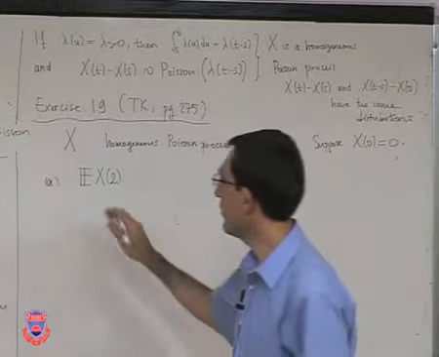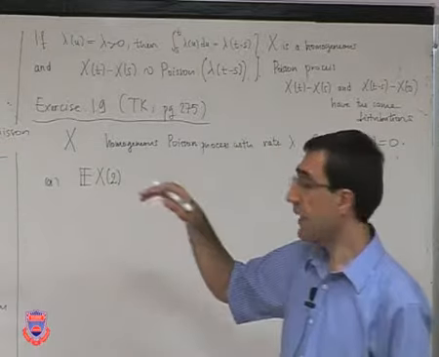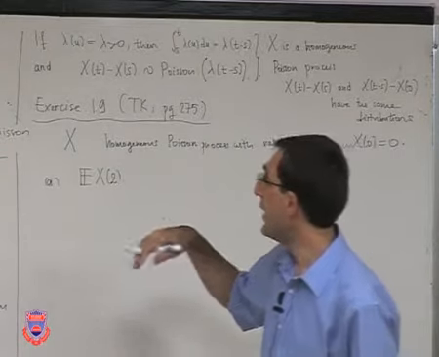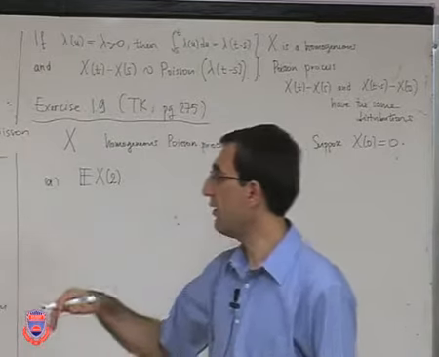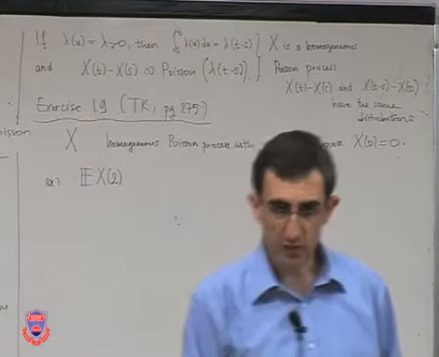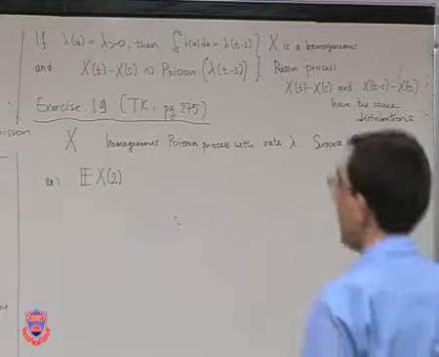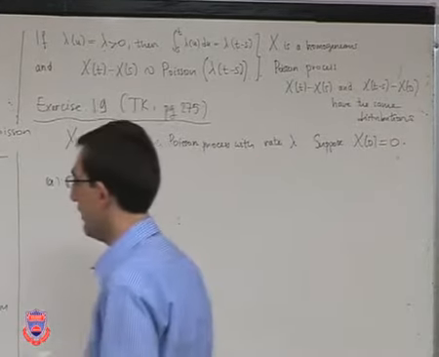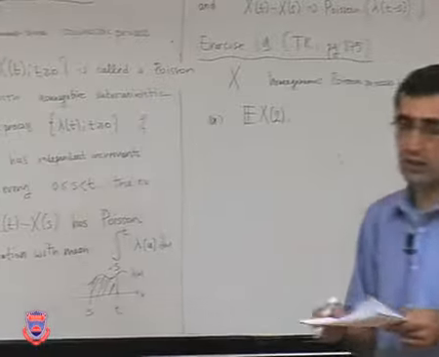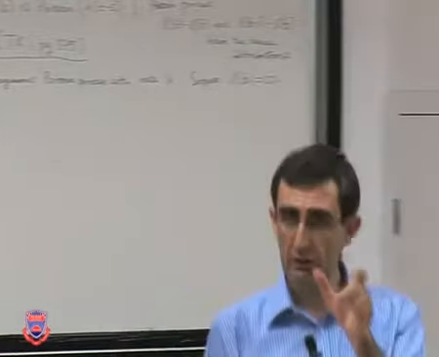Last time we said a Poisson process is a typical model for an arrival process. You may think that X counts the number of arrivals over any given time interval.